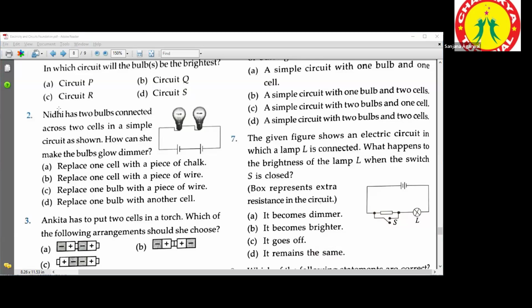If the switch S is closed, switch S closed means this resistance is some extra. Okay, this is only a resistance put here.